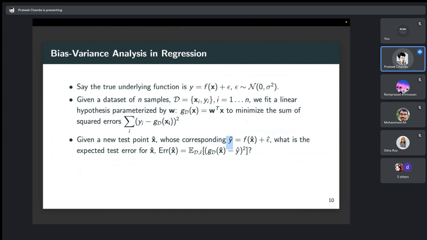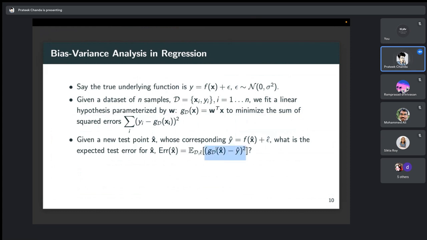So what I want to do is find out the expected test error on an x hat. That is this error of x hat, which is equal to the expectation over D and epsilon hat of (g_D(x hat) minus y hat) whole squared.